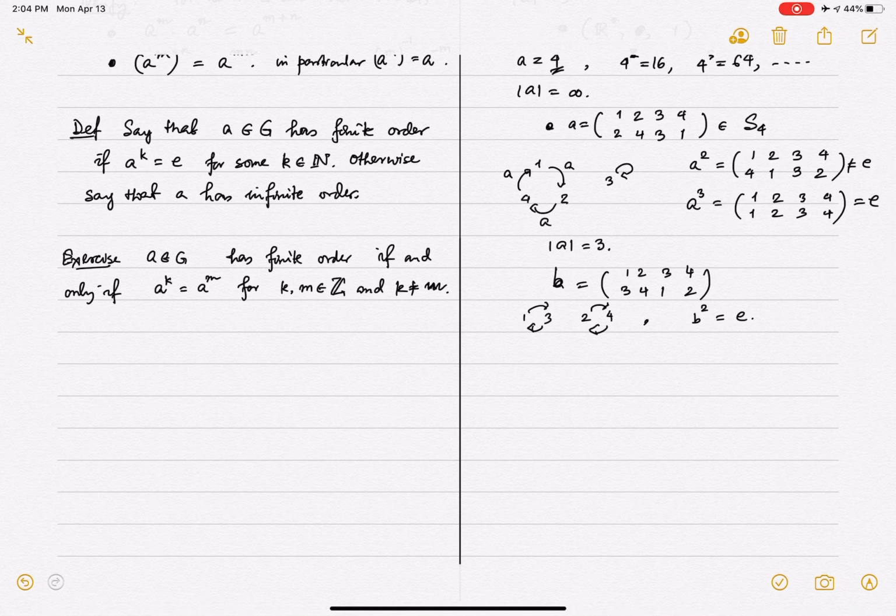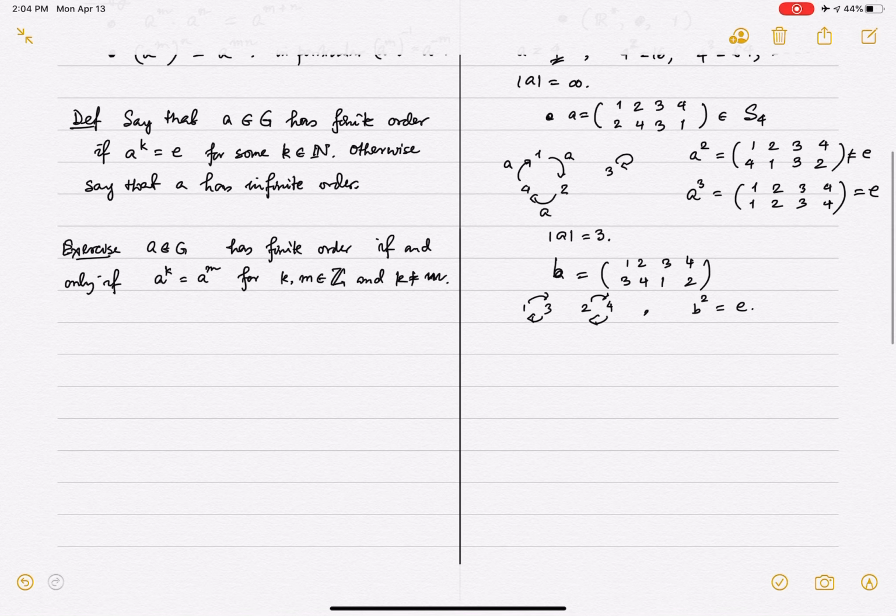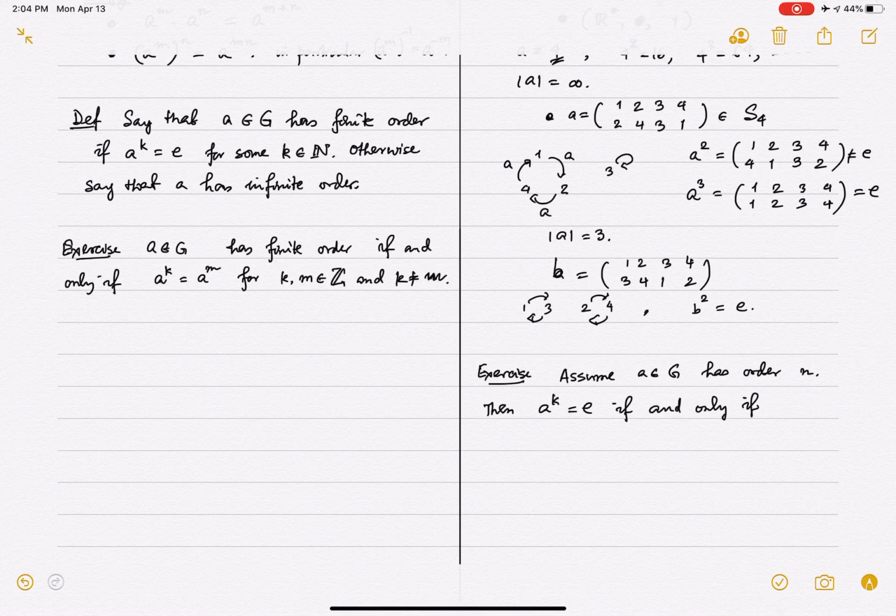You can check this little lemma. Assume an element in a group has order n. Then some power a to the k is identity if and only if k is a multiple of n.